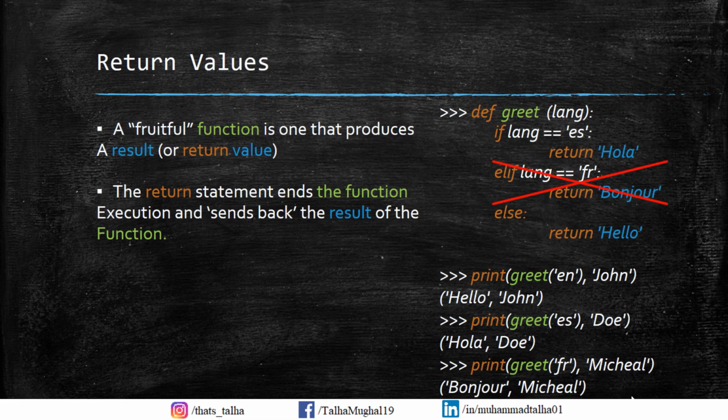You can see that this statement cannot be satisfied again. So after that, the function will move on to the next condition, which is else. And when this condition is satisfied, the function will return the result that is present in the body of that condition, which is hello. So as a result, the output will be hello John, and the same goes for these two lines too.